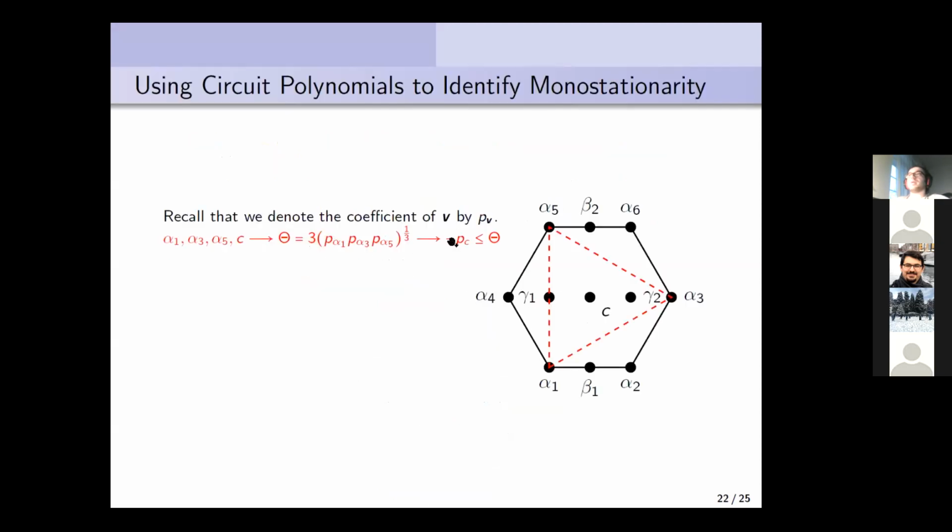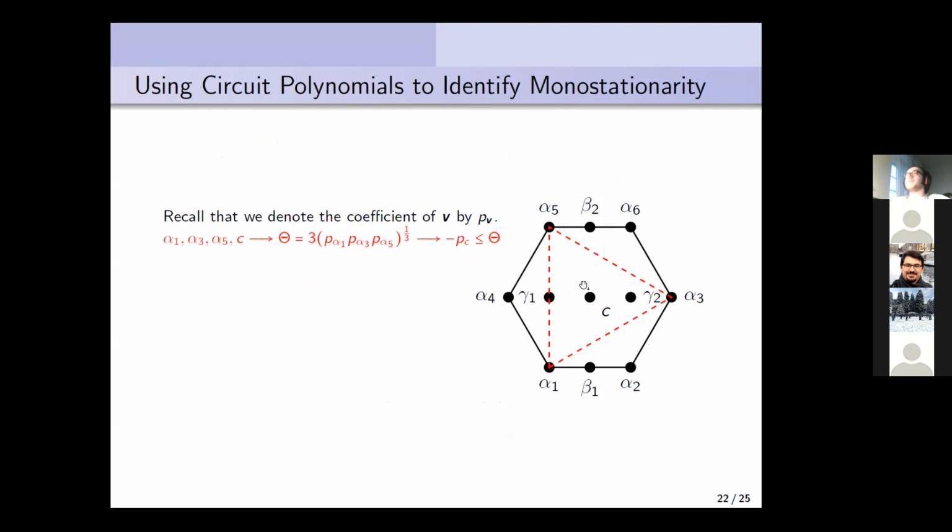Let's give an example. One way to do it is to use A1, A3, and A5. If you use these, then your circuit number is going to be 3 times the coefficient of this, and this, and then you take the cube root.